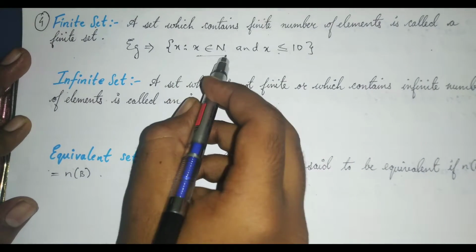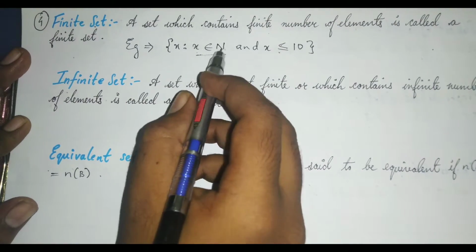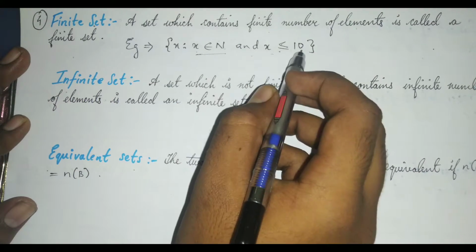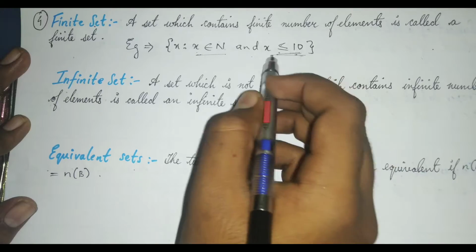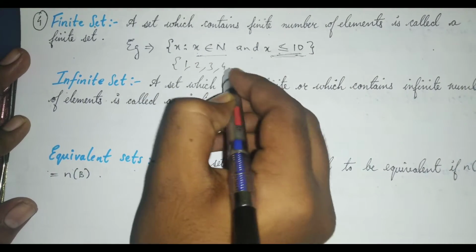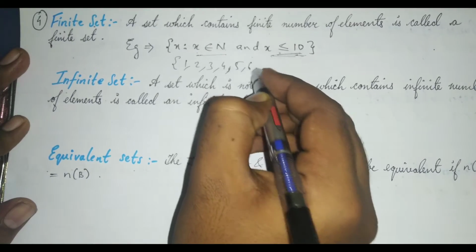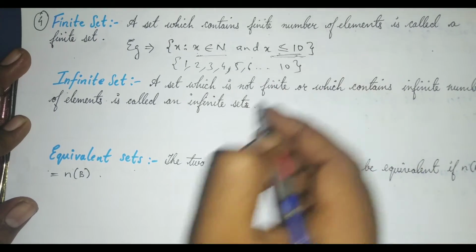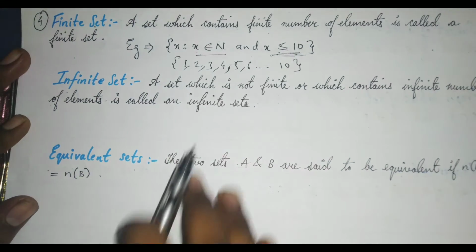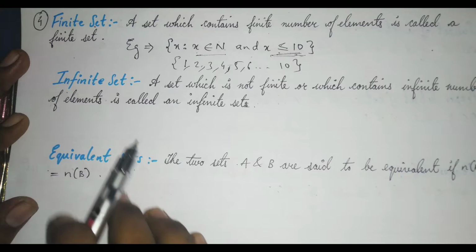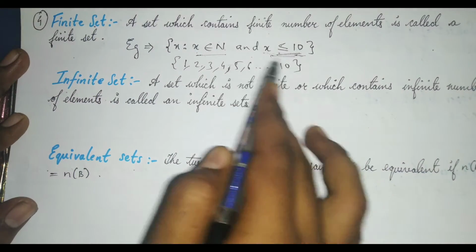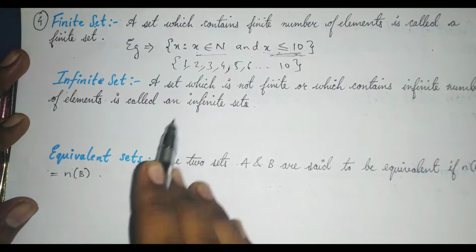X is a natural number and x is less than or equal to 10, so this is the limit. So you can count, right? If you write the set, it will be 1, 2, 3, 4, 5, 6 and so on till 10. The elements are countable, so we can say that this is a finite set. There is a limit, so that we can count the number of elements.